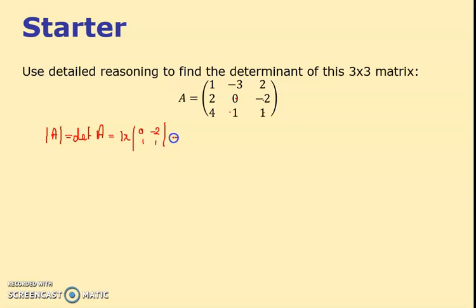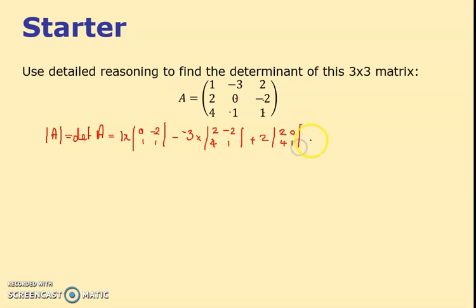And then it always goes plus, minus, plus. So minus a minus 3 times 2, minus 2, 4, 1. And then we do plus 2 times 2, 0, 4, 1.